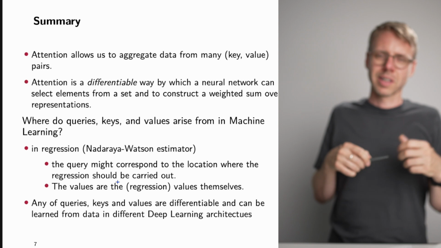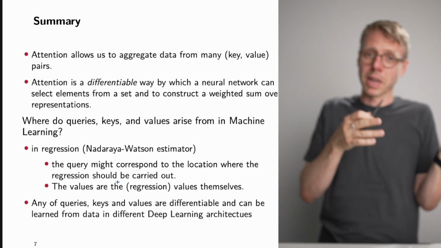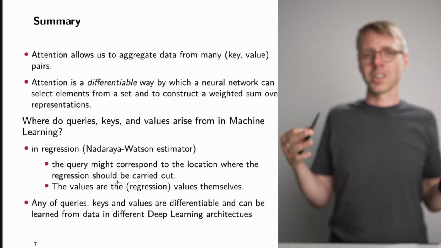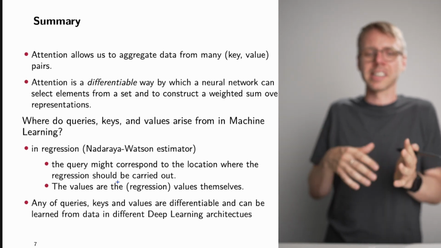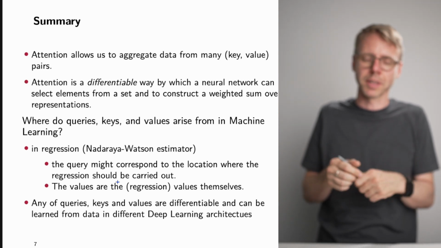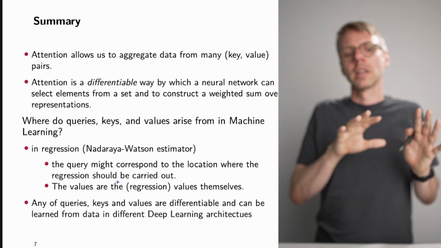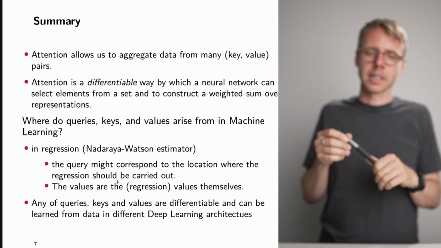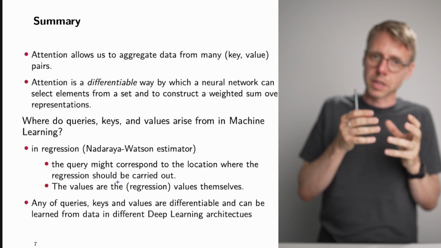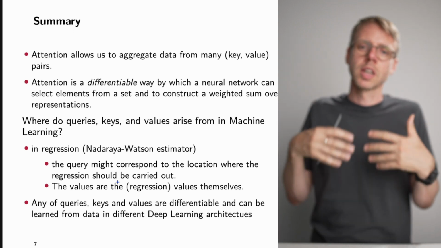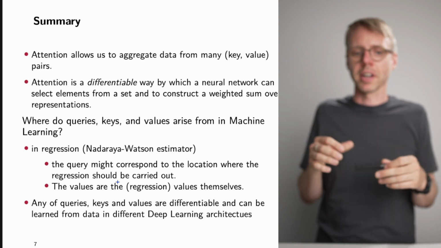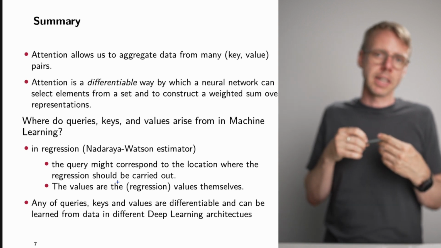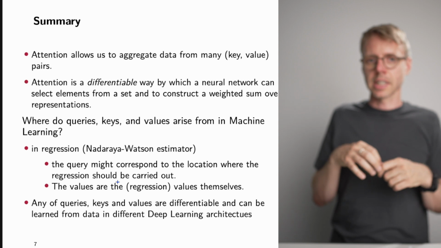Now, while we have explained how attention works, the question is, how do we get these queries, keys, and values in machine learning? Well, in the next lecture, we will see an example where this mechanism is used to build regression models, the so-called Nadaraya-Watson estimator, kernel density estimator for regression.